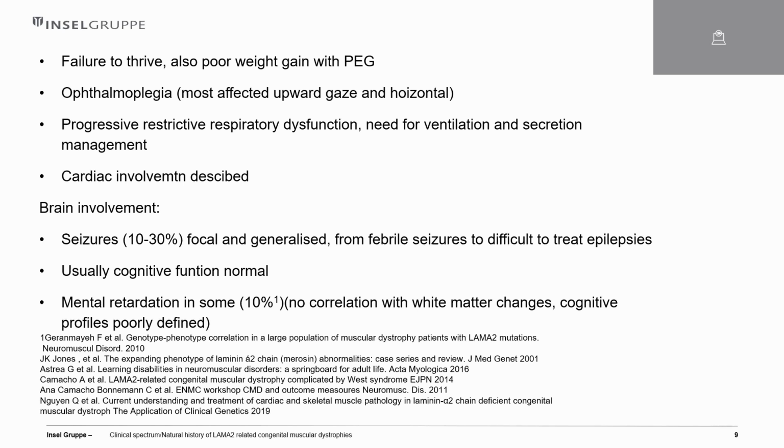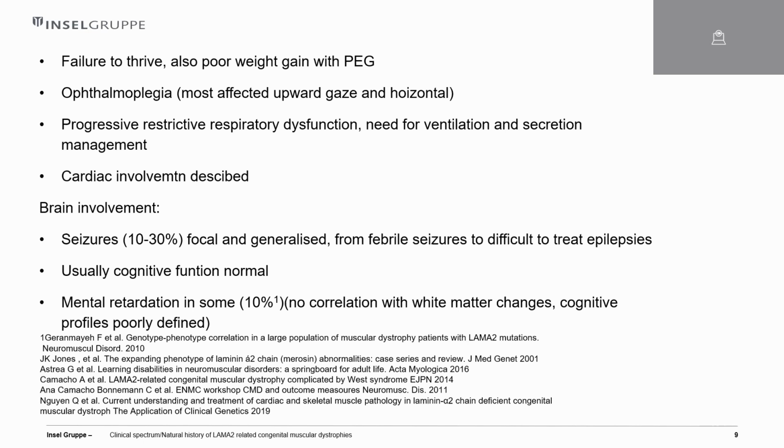Ophthalmoplegia is a frequent thing. All the patients develop progressive restrictive respiratory dysfunction, and cardiac involvement has been described. And back to the brain involvement, it's interesting that the brain MRI changes are very frequent, but the seizures are not that frequent. So 10 to 30% of the patients develop seizures, some only during a certain time, and it evolves.